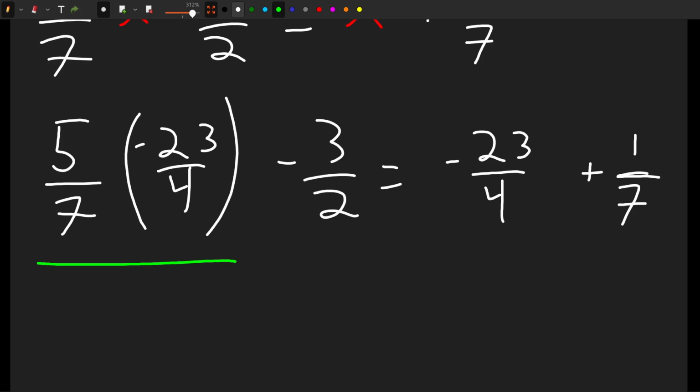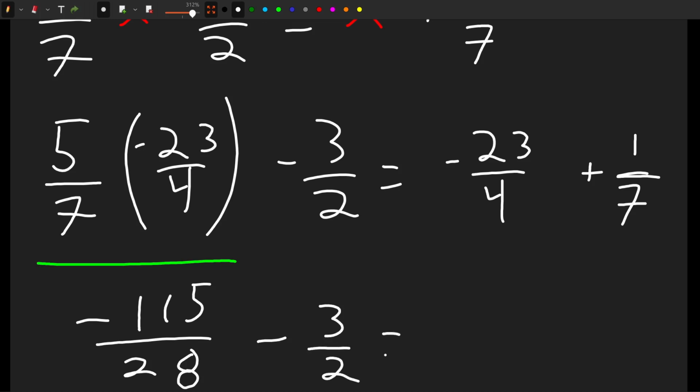Either way we can do it, and if it turns out to be a little bit longer, it turns out to be a little bit longer. So 5 times negative 23 is going to get me negative 115 over 28 minus the 3/2 is equal to negative 23 over 4 plus 1/7.